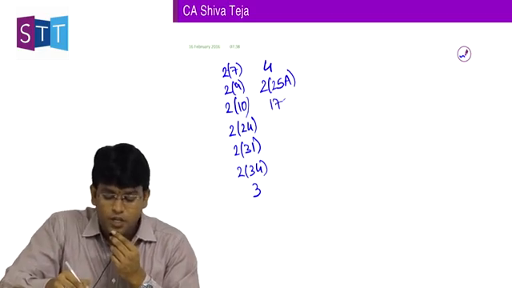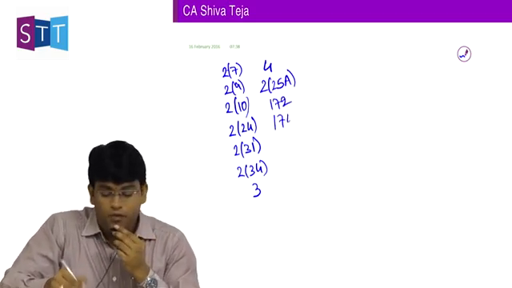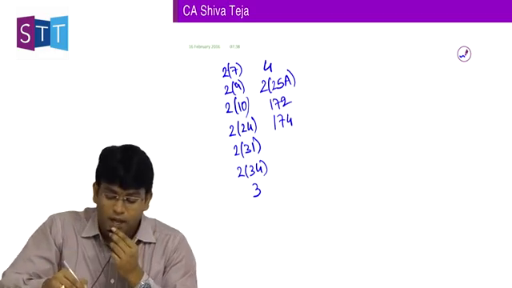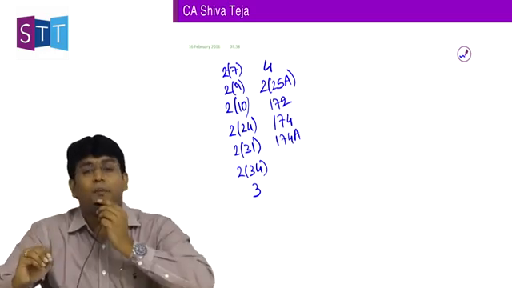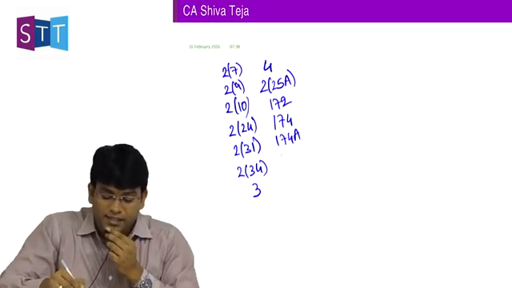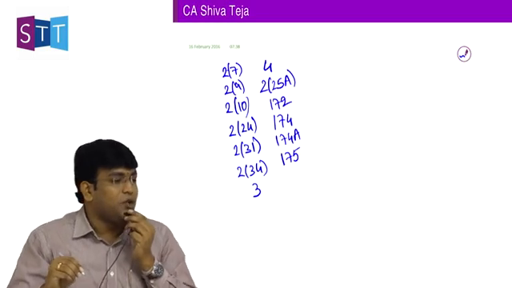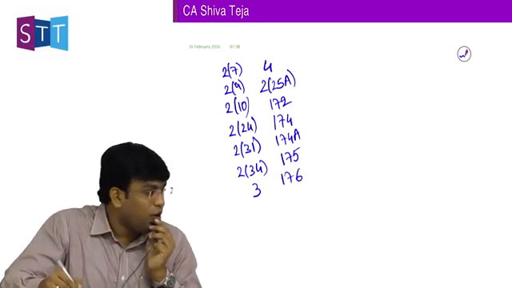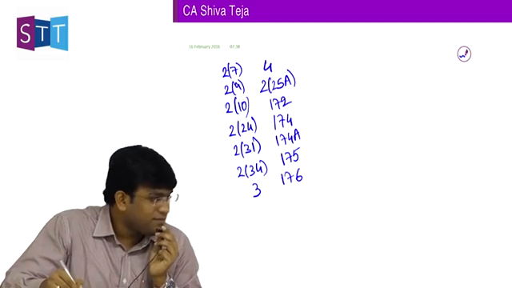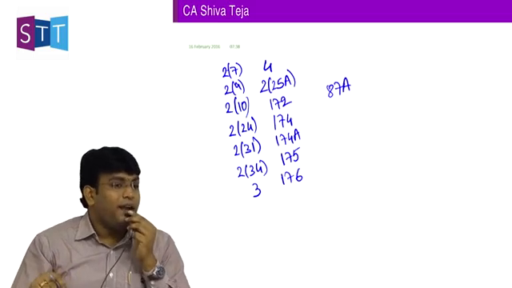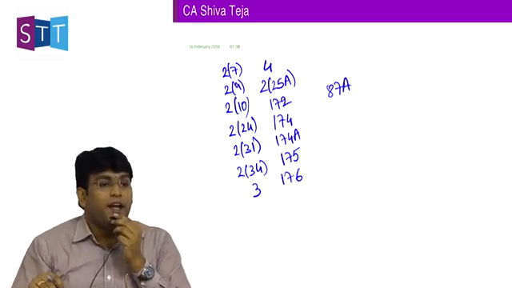Next, section 172, shipping business of non-resident. 174, persons leaving India permanently or for a long time. 174A, AOP or BOI formed for a short duration or purpose. 175, persons likely to transfer property to avoid tax. 176, discontinued business. Learn this? 87A, rebate, only for resident individuals whose total income does not exceed 5 lakhs.